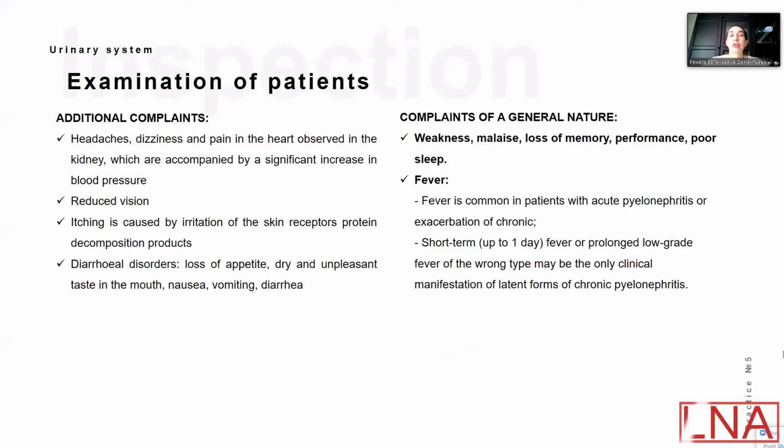Some additional complaints from the patient, which can also occur in case of renal disorders: headaches, dizziness, and pain in the heart, observed in kidney disease, which are accompanied by a significant increase in blood pressure, and in fact general complaints.